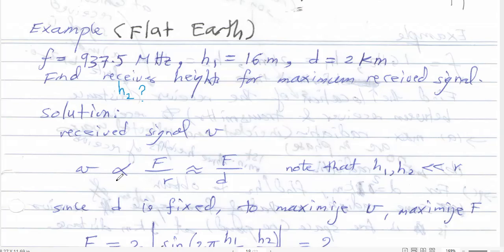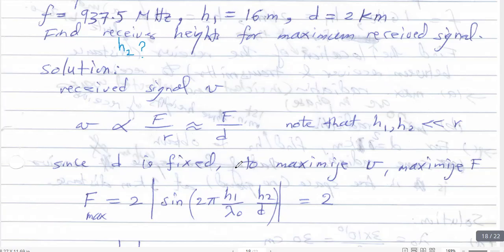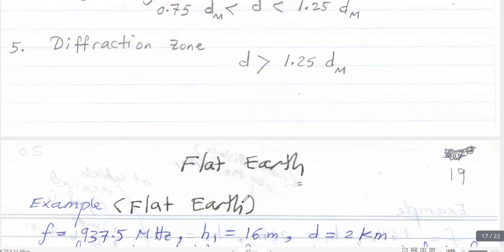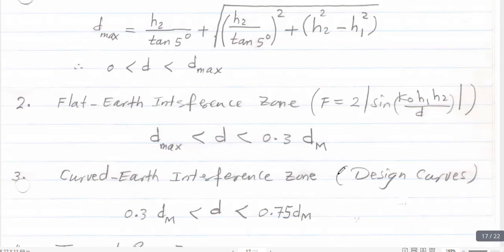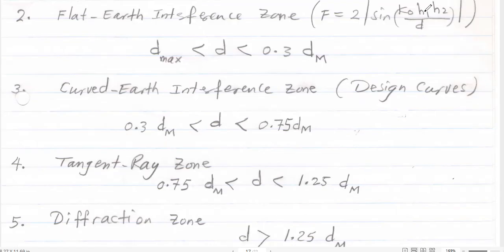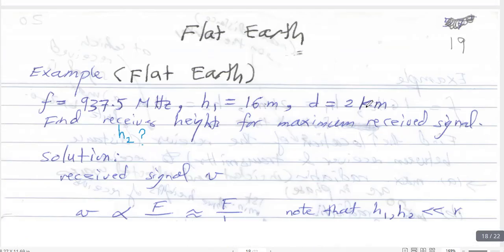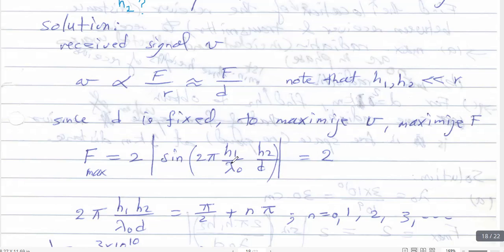The received signal, as we know, is proportional to F over D, path gain factor over distance. Now F is equal to sine of k naught h1 h2 over d. Instead of k naught we write 2 pi over lambda naught, so it would be 2 pi over lambda naught h1 h2 over d.